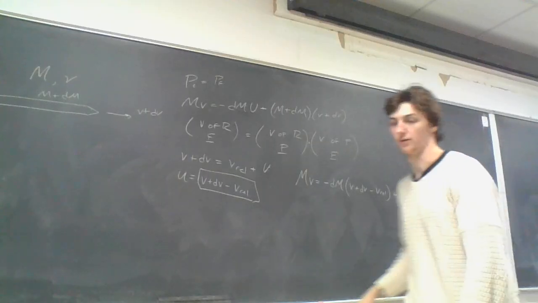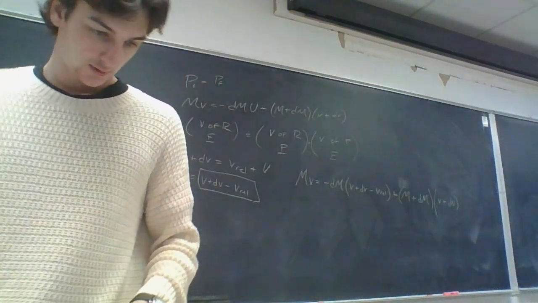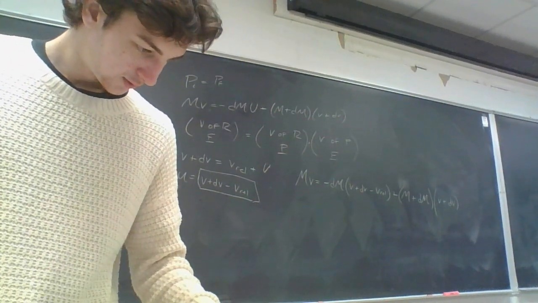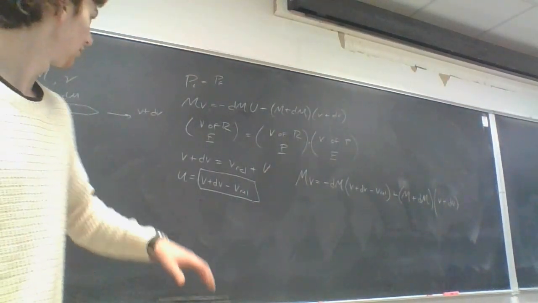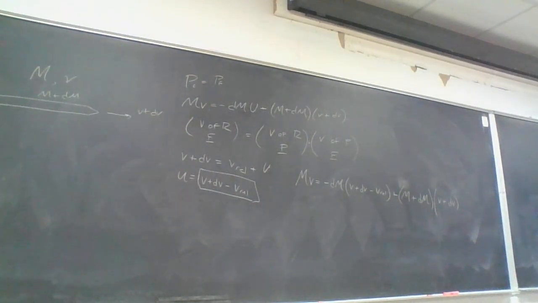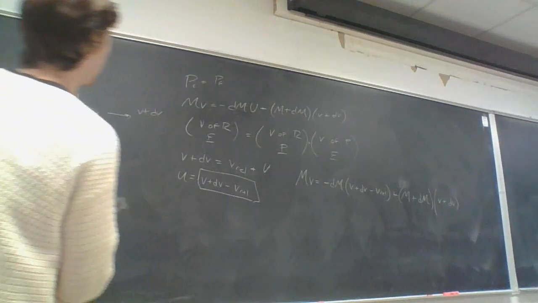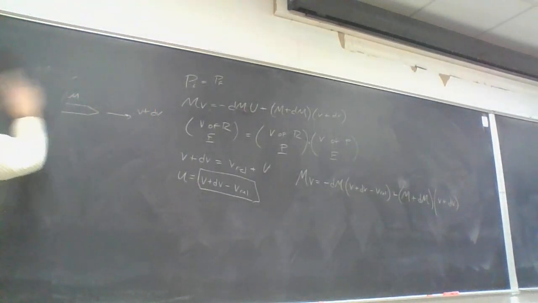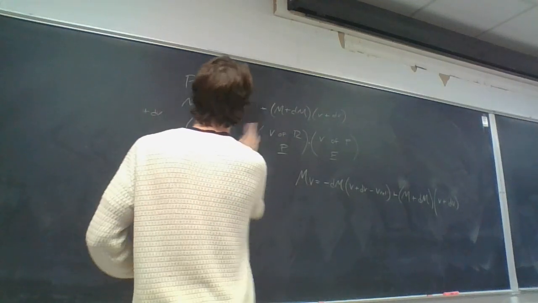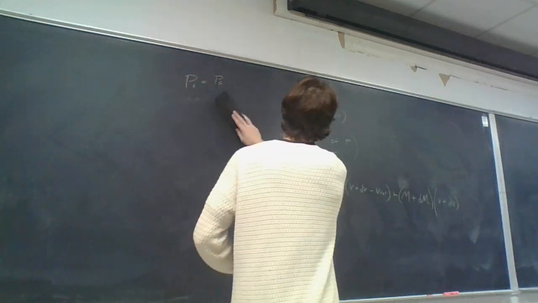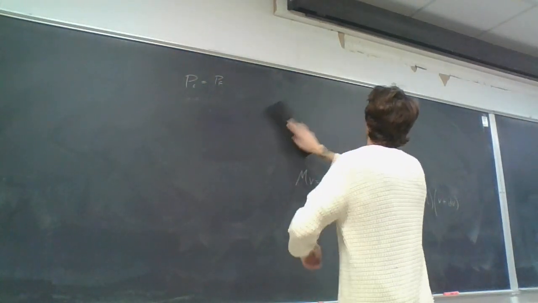That's what we're working with. I'm going to erase some of this and move back over. This is where we're at now, so I'm going to start cleaning it up.